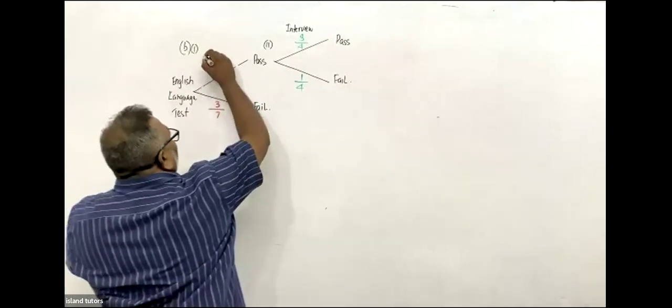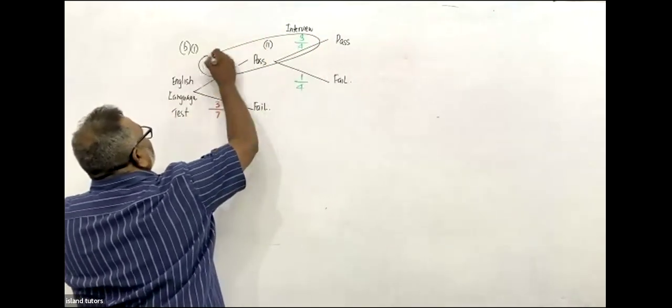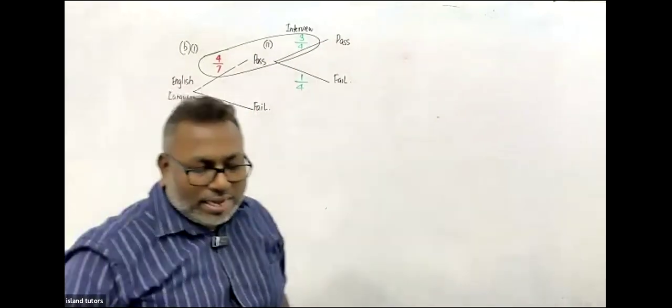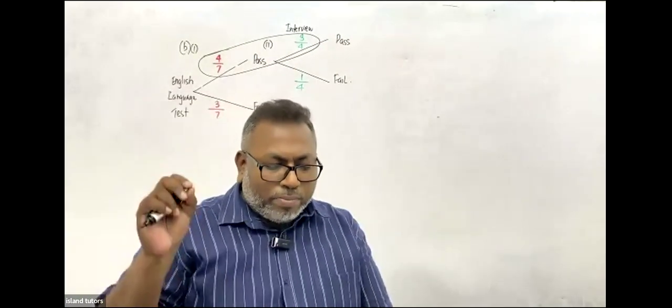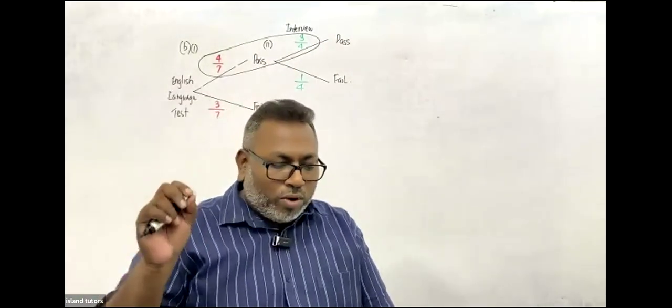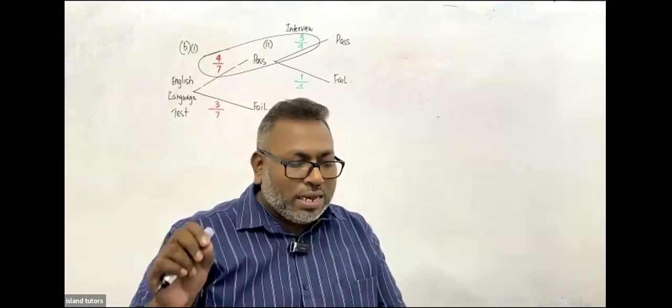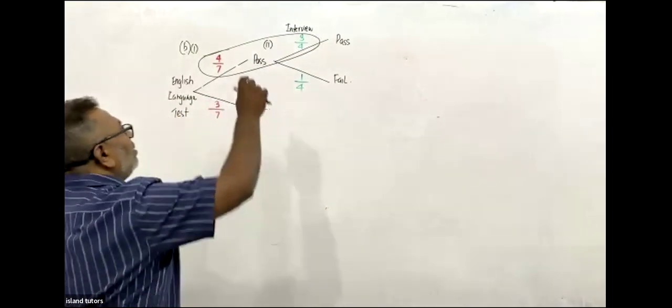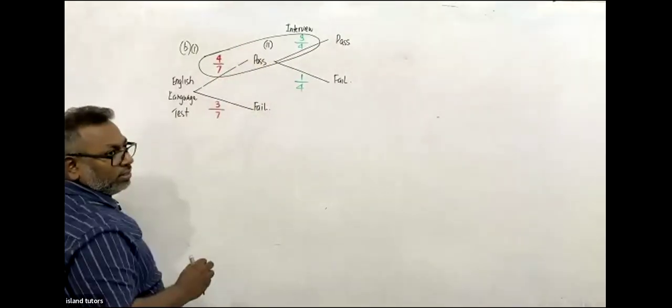So therefore, you need to take this probability. They're asking you to find the probability of a person selected at random from those who face the English language test being eligible for the job. It's going to be this. Right.